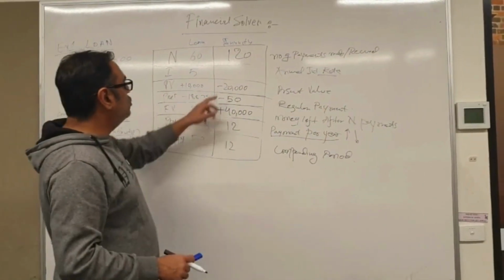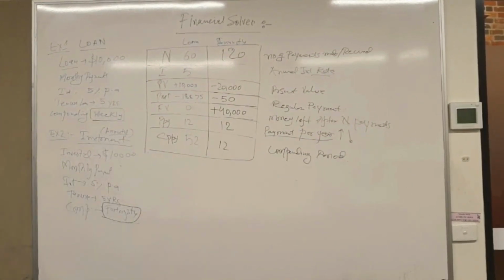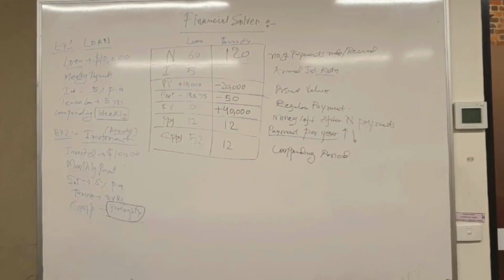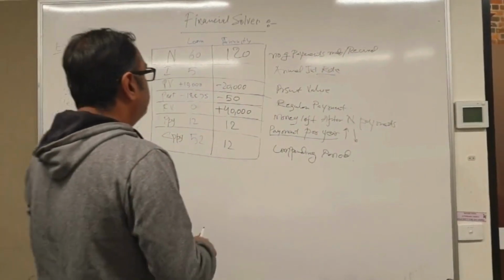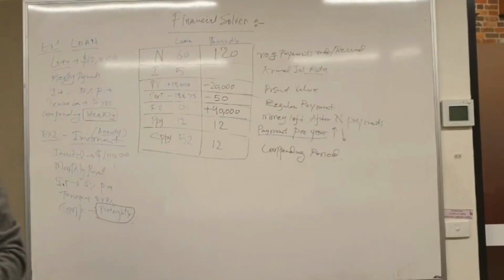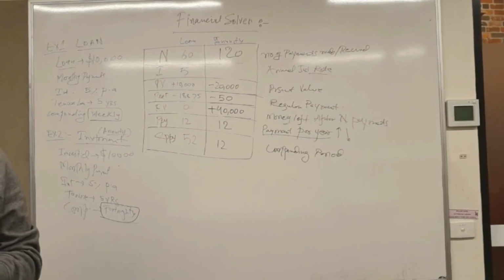So now if you go to I and press enter, you will get your answer. Yeah, makes sense? You know what? Any compound interest question can be solved using the financial solver. Any compound interest question.